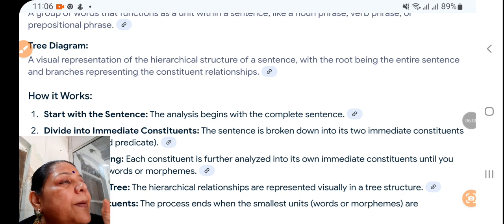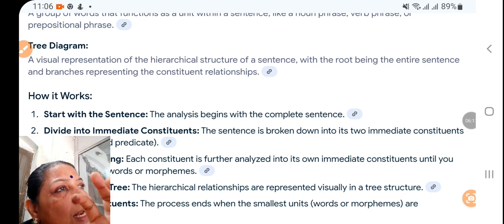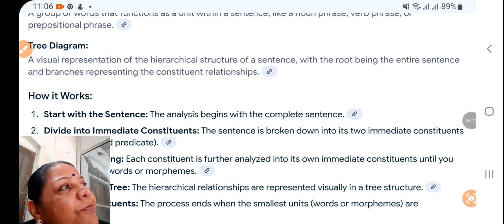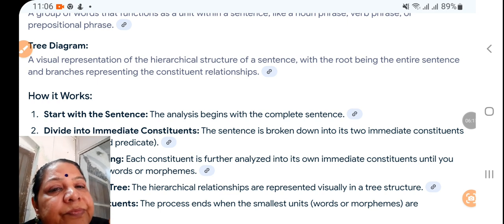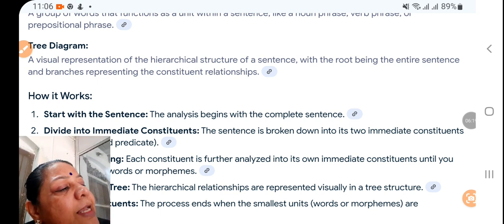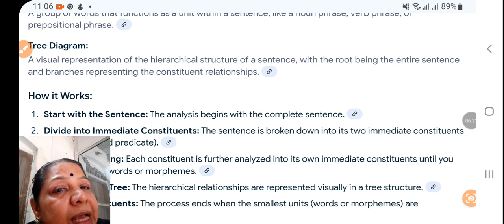Means in a sentence there are different phrases, and phrases are related with one another, which is analyzed through a tree diagram.